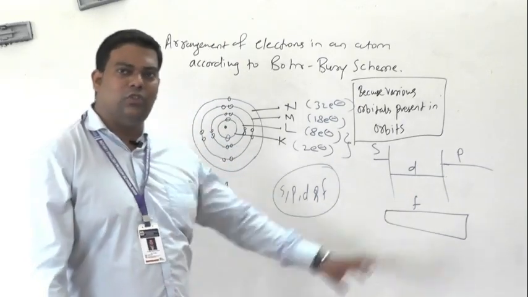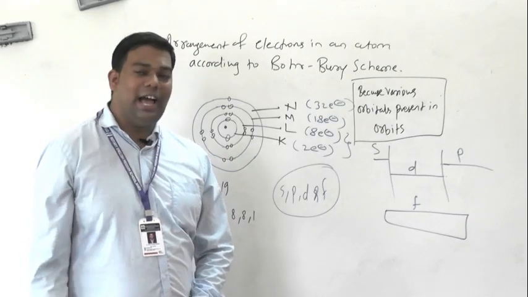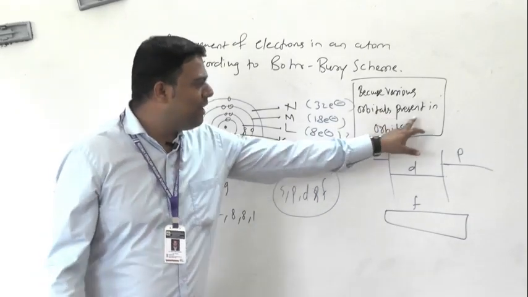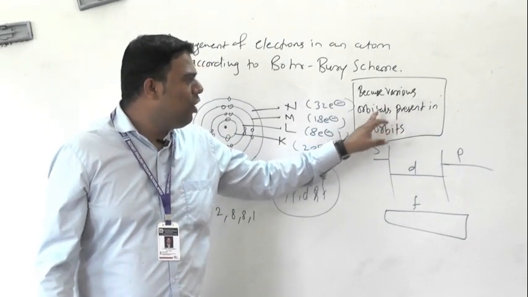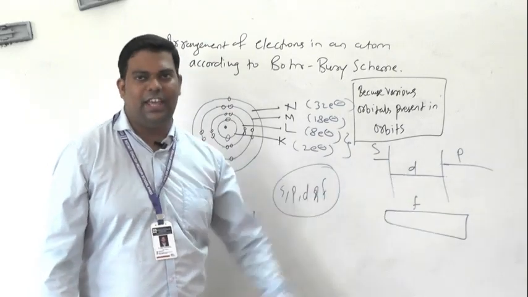Why does it happen? Because various orbitals are present in orbits. As you know the nature of s, p, d and f.